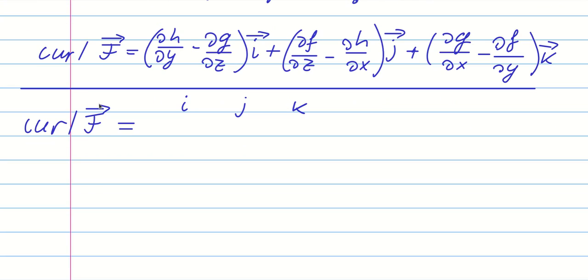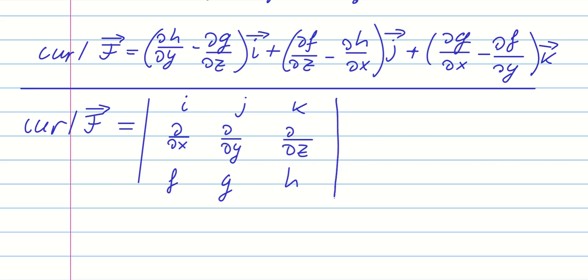If you use i, j, k on top, and here we can put d/dx, d/dy, and d/dz, and on the bottom we put f, g, and h, and we calculate determinant of this matrix. As you can see here, we think of this as an operator, and we'll come back to it in a little bit and talk about what we mean by this in more detail.